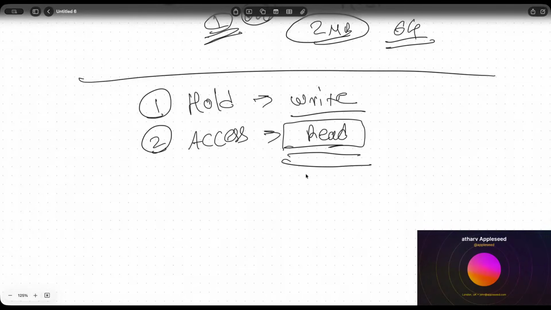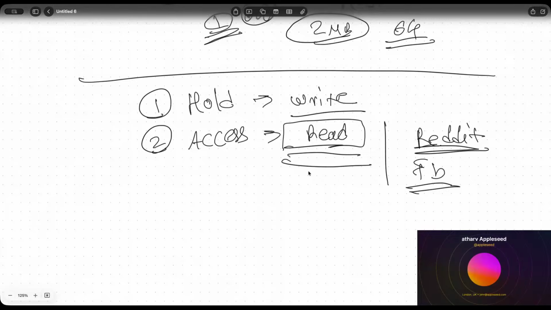If we take an example of any social media application like Reddit or Facebook, these social media applications are inherently read heavy applications.